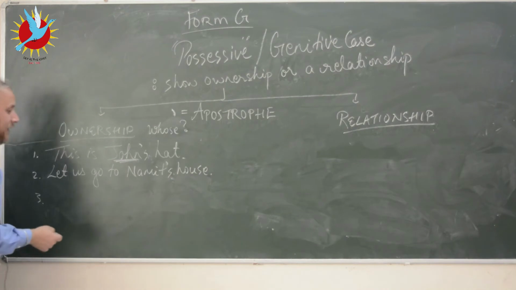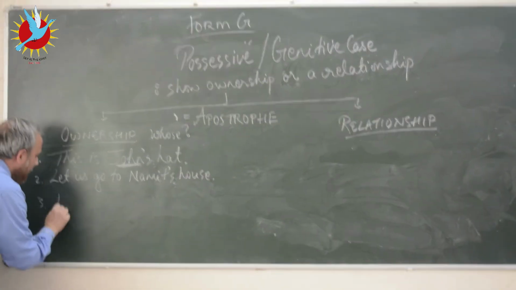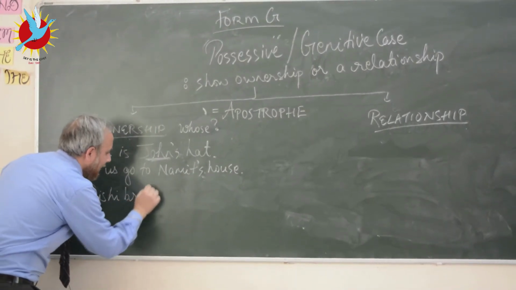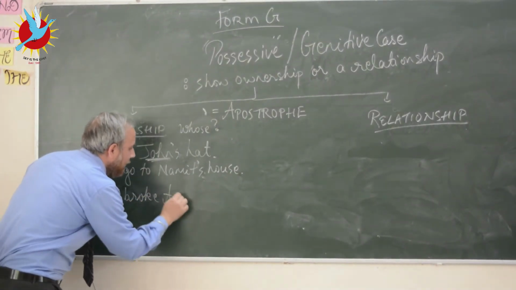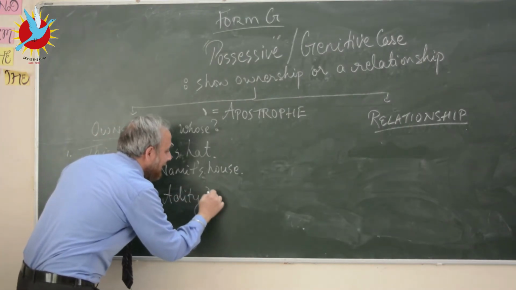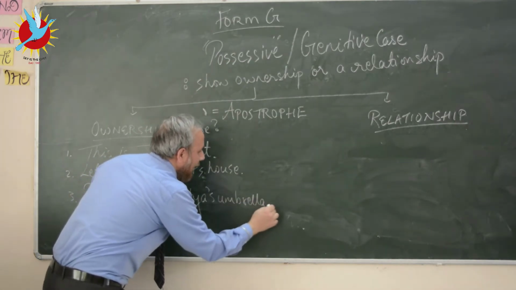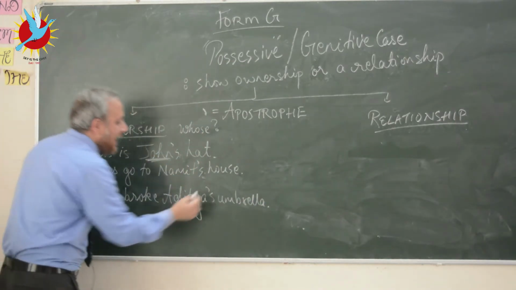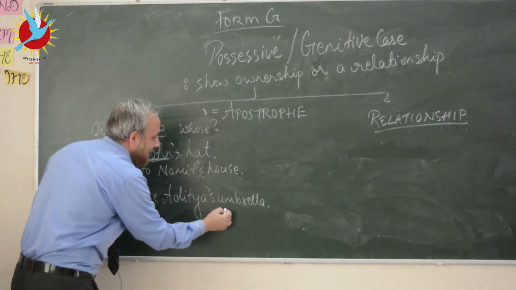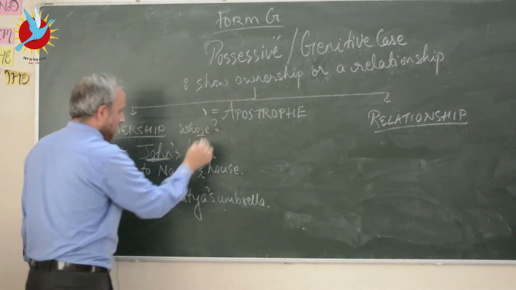Let's look at example sentence 3. Rishi broke whose umbrella? Aditya's umbrella. So what have I done? I have again used the apostrophe and the letter S. Whose hat is it?